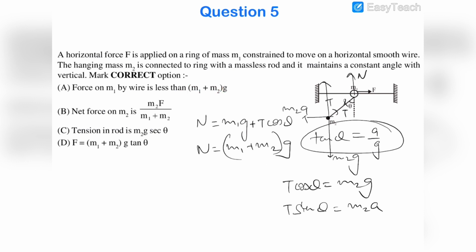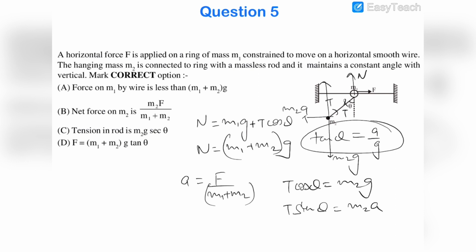Okay, so now the net force on m2 and the acceleration a. You can imagine from the ground frame that the ring and the ball would be moving along the x-axis with the same acceleration a, and nothing would be moving in the y direction. So the acceleration a would be equal to the net force upon the total mass of the system, which is m1 plus m2.